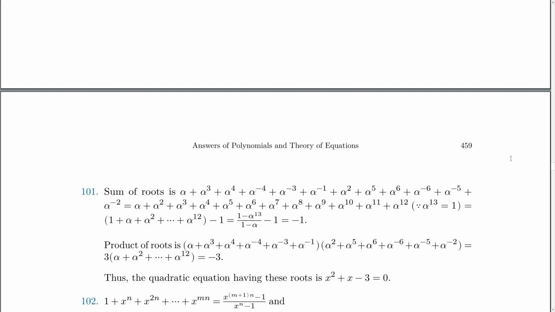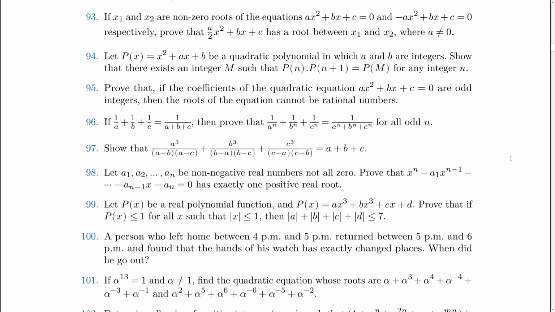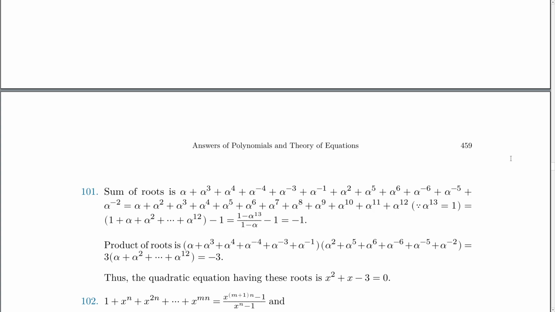So the sum of the roots is given as... I think there is some problem in the question. Let me see. We have to find the quadratic equation whose roots are these. So we write the sum of roots as alpha plus alpha cube and so on.